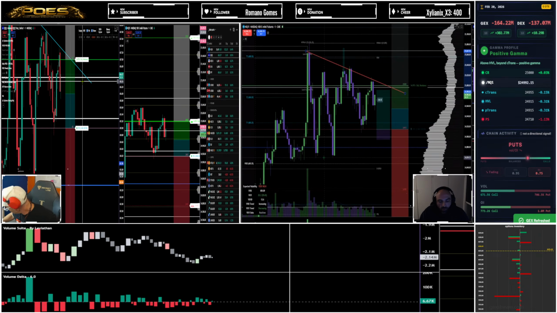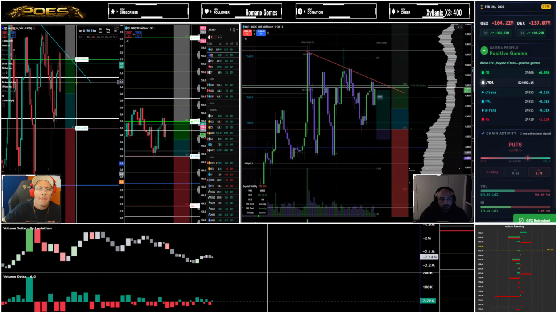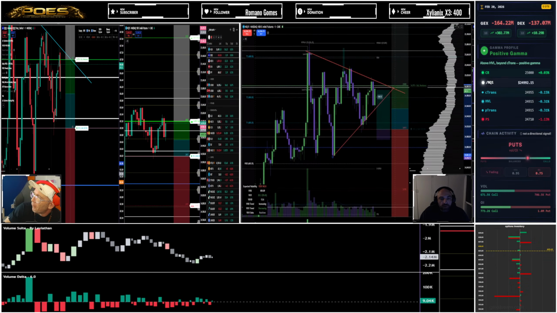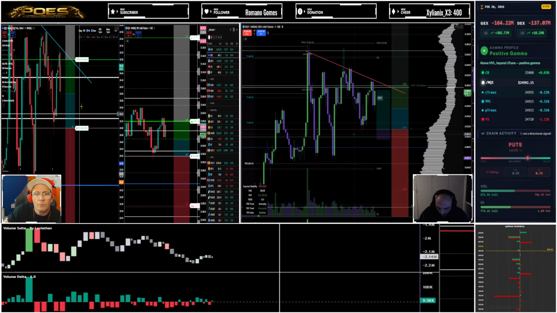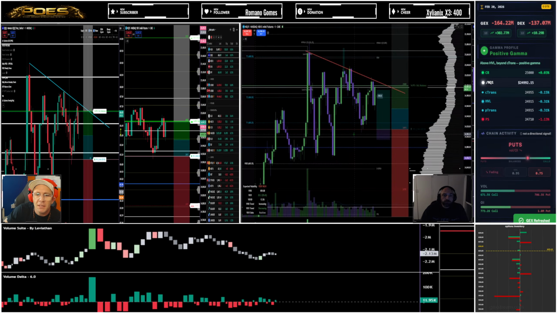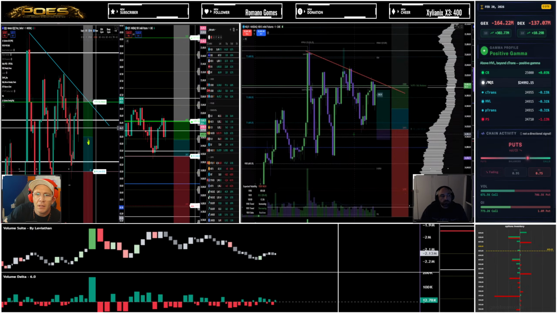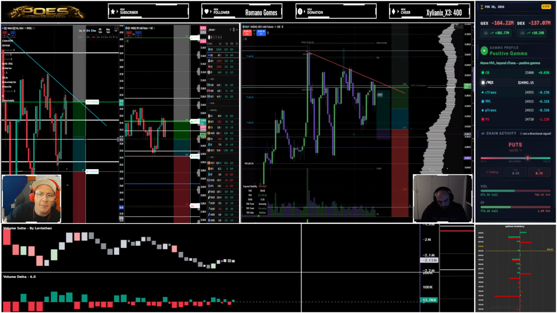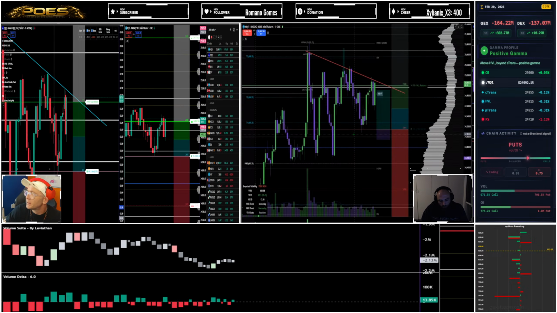Range plays on the cards. You're going to short from the top of the resistance, expecting price not to break out.